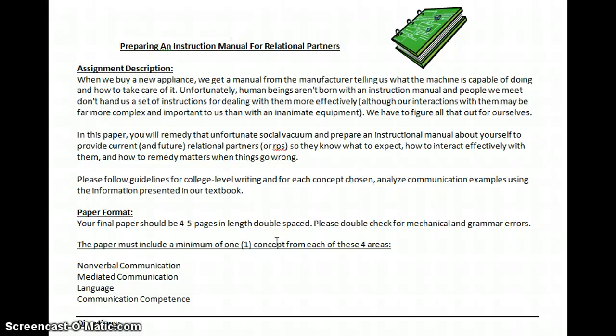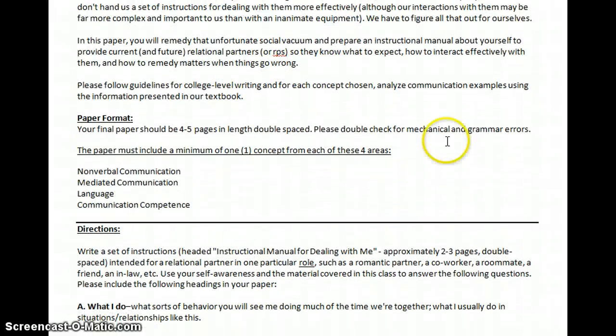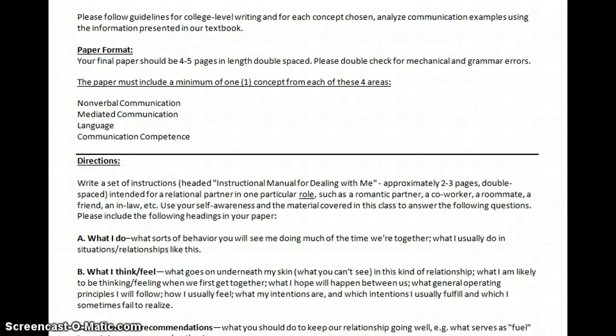Again, this is a college level transferable course, so the writing level does need to be at an undergraduate college level. You do need to include one concept from each of these 4 areas: nonverbal communication, mediated communication, language, and communication competence. So at least one concept that you apply in your paper needs to come from these 4 areas.